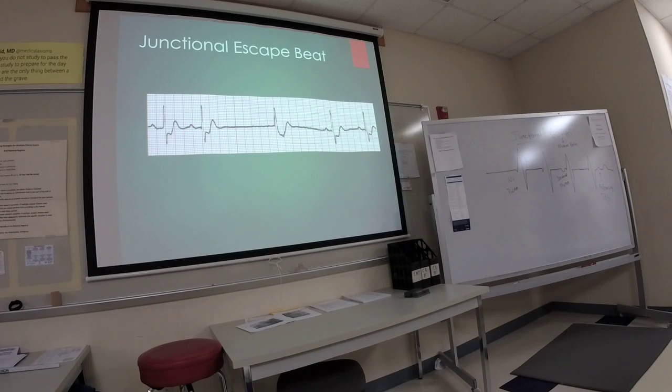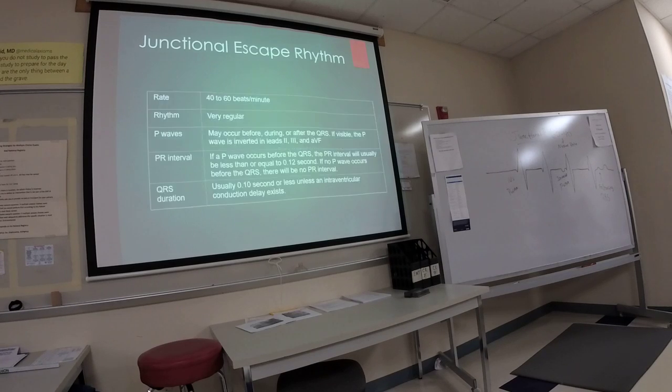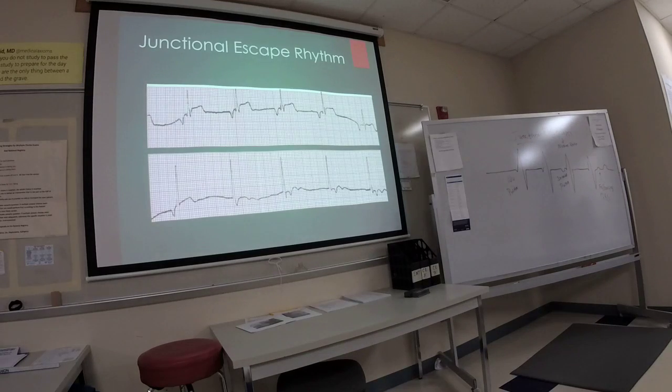It'll just be a lot of QRS complexes without P waves. Okay, 40 to 60 beats. It's very irregular. There usually won't be a visible P wave in the junctional beat itself, and the QRS complex is still normal in width, less than 3 little boxes. Oops, wrong way.